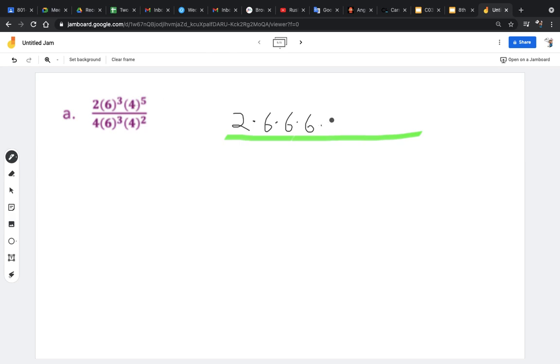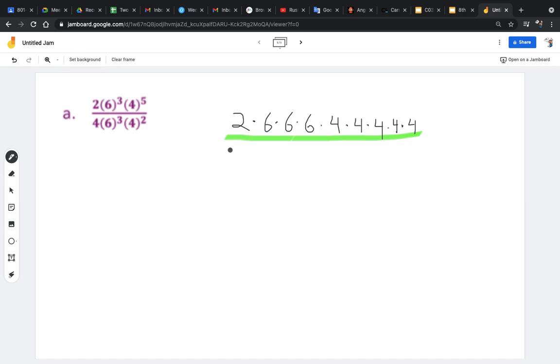So 4 to the fifth, we're going to go 1, 2, 3, 4, 5.